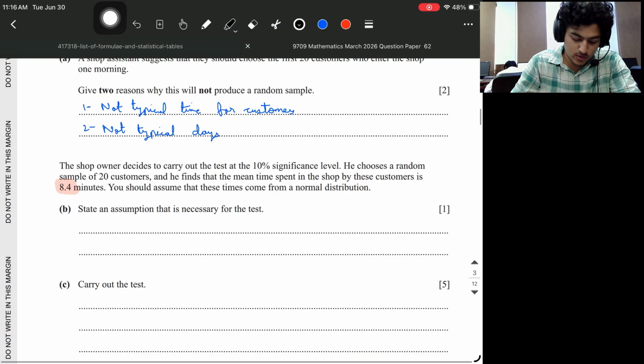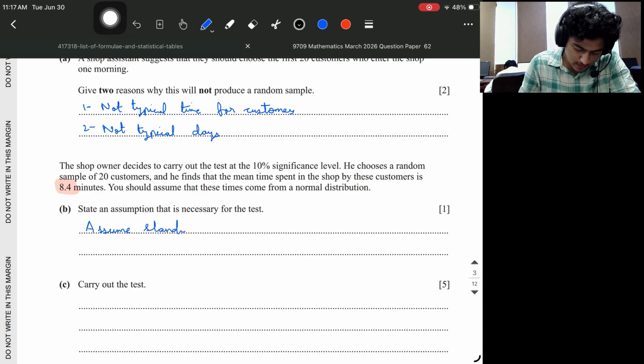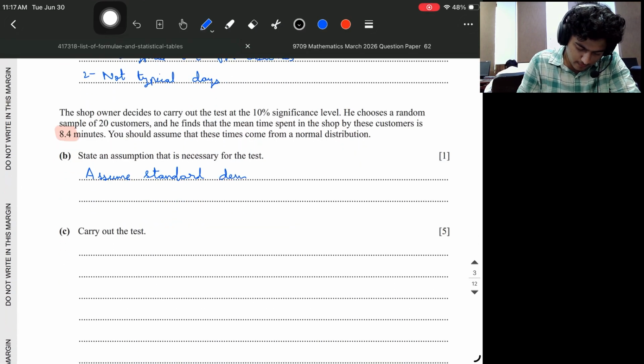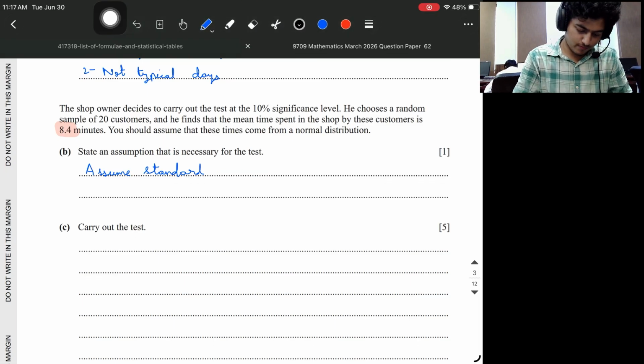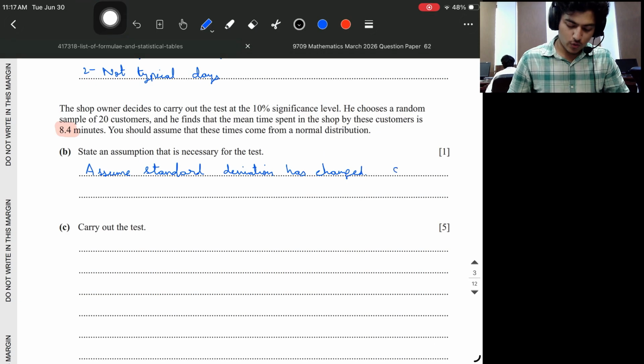So that is one assumption that you're going to make, that the standard deviation is unchanged. Or you could have also said that the standard deviation equals 6.8.